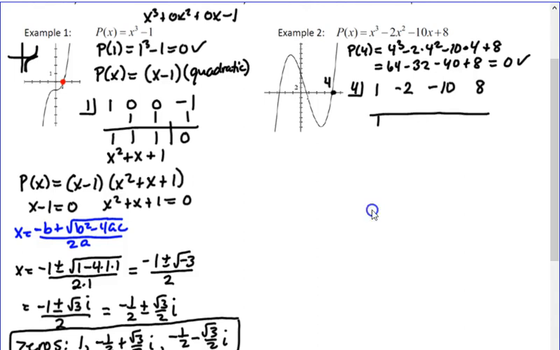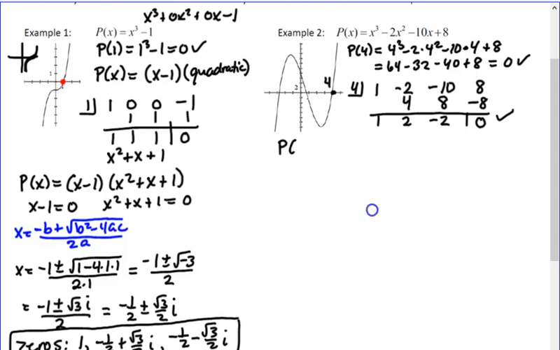So once again, bring down the 1. 4 times 1 is 4. Then I add this, so I get 2. Multiply 4 times 2, I get 8. Add, I get negative 2. 4 times negative 2 is negative 8. And when I add, I do get a remainder of 0. So this is also a check that this is a 0 of the function.